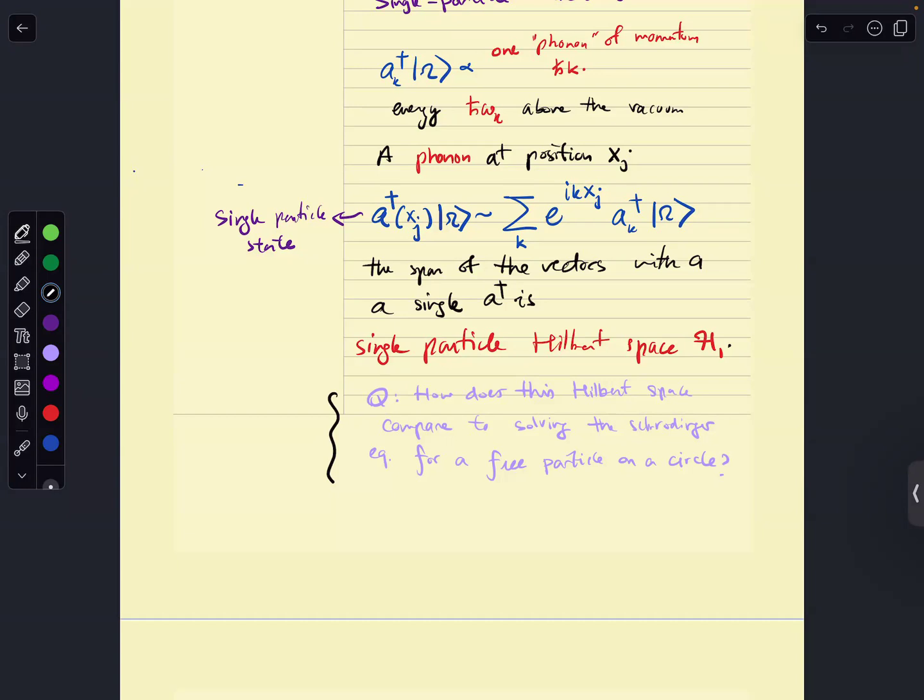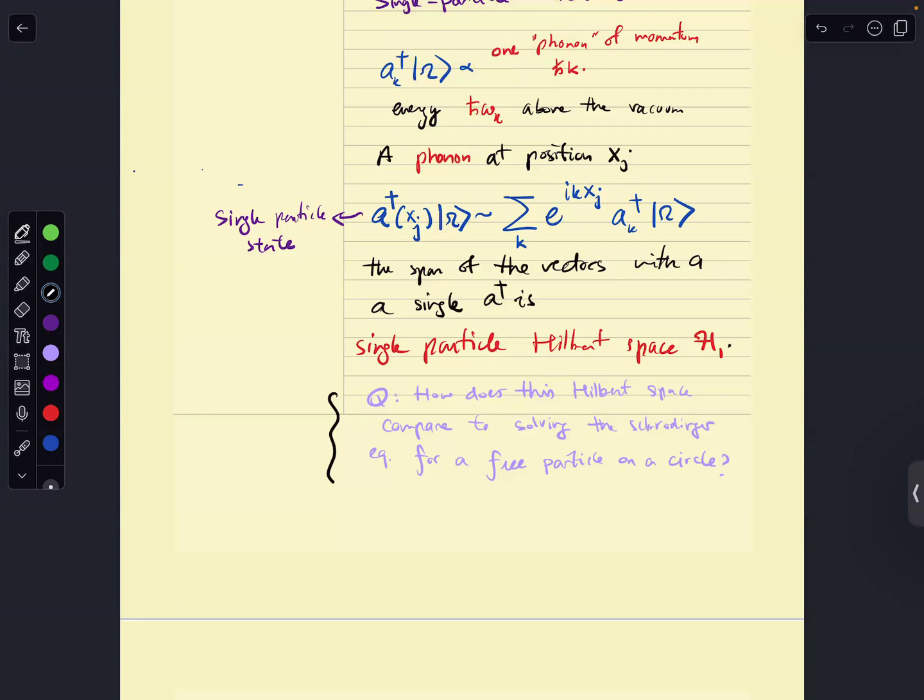Good, let me repeat. What did we do? We started with a multi-particle system, right? There was a degree of freedom at each site, which was an atom. We solved the system, we quantized it, and it's just a bunch of harmonic oscillators.